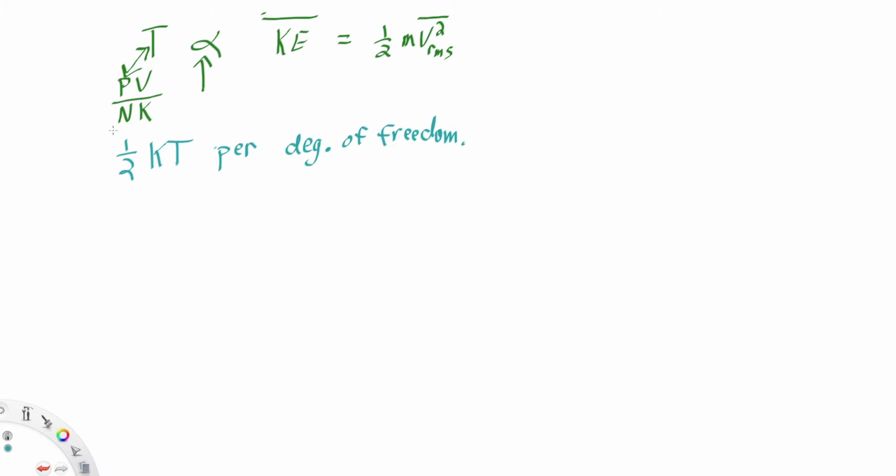So this is one statement of the equipartition theorem, that all of the energy that a particle has gets split evenly between its degrees of freedom. But we need to talk for a moment about what those actually are.